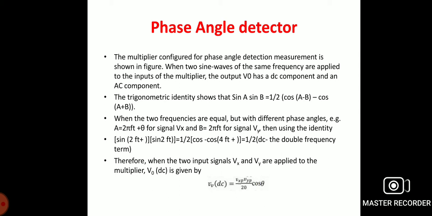Here Vx and Vy are the peak amplitudes of the signals Vx and Vy. The DC output depends upon the factor cos theta.